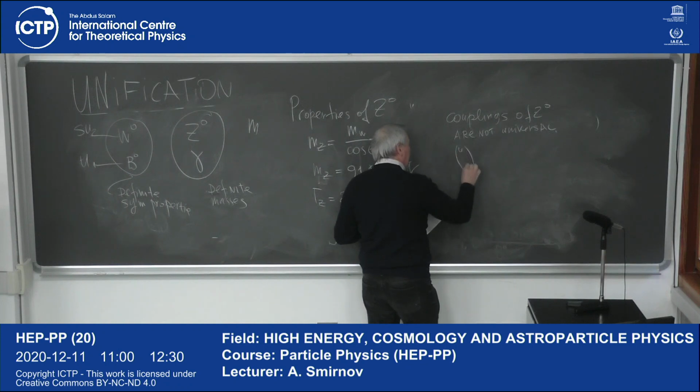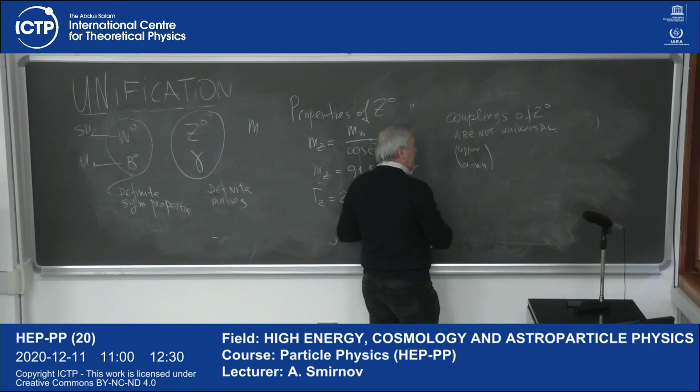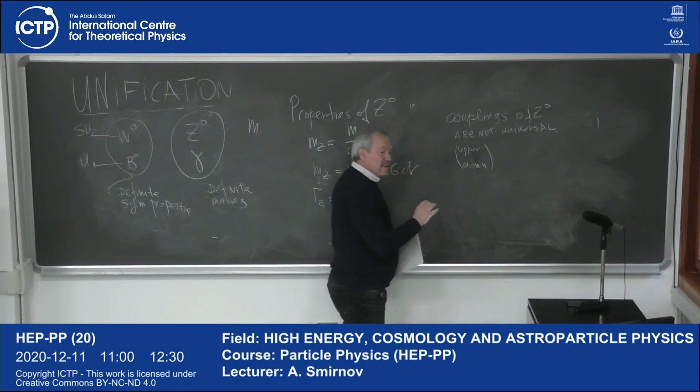So you have doublets, upper and down, and they differ for upper and down components. They also differ for left and right components of fermions.